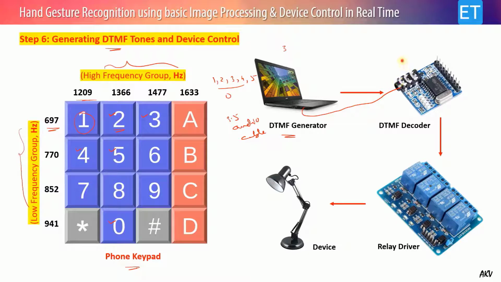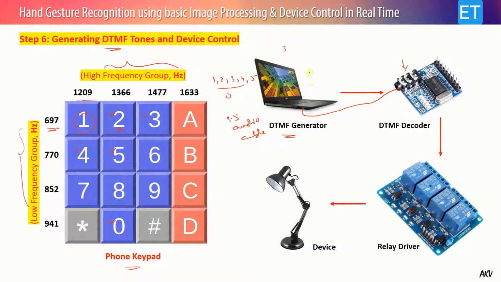This is the audio jack of this DTMF decoder circuit. When this DTMF tone is played, this signal will go into the DTMF decoder, and this DTMF decoder will decode what frequencies I have generated from the laptop. After the recognition, it can tell which key or which number was pressed.